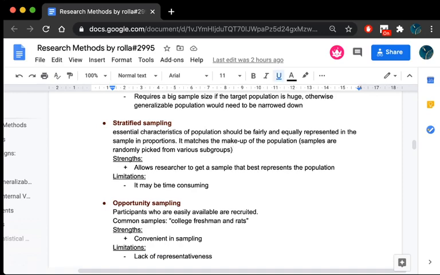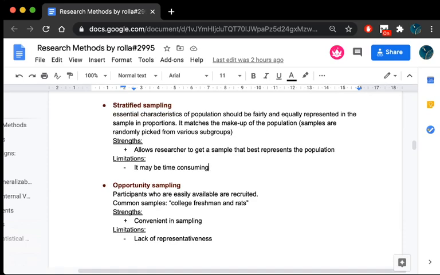For example, if you have a population with a male majority, let's just say 55%, and then 45% female, then when you do stratified sampling, your final sample should be 55% male and 45% female. But it still has to be taken randomly.